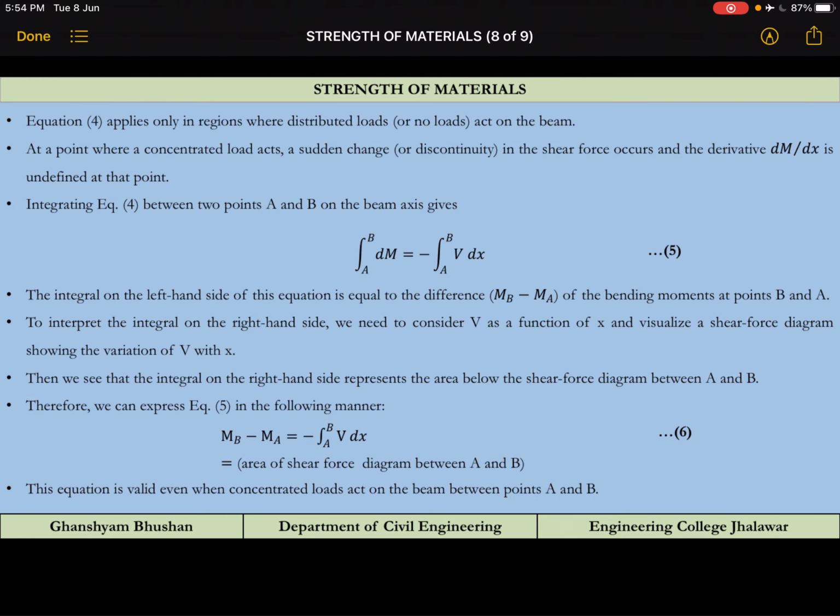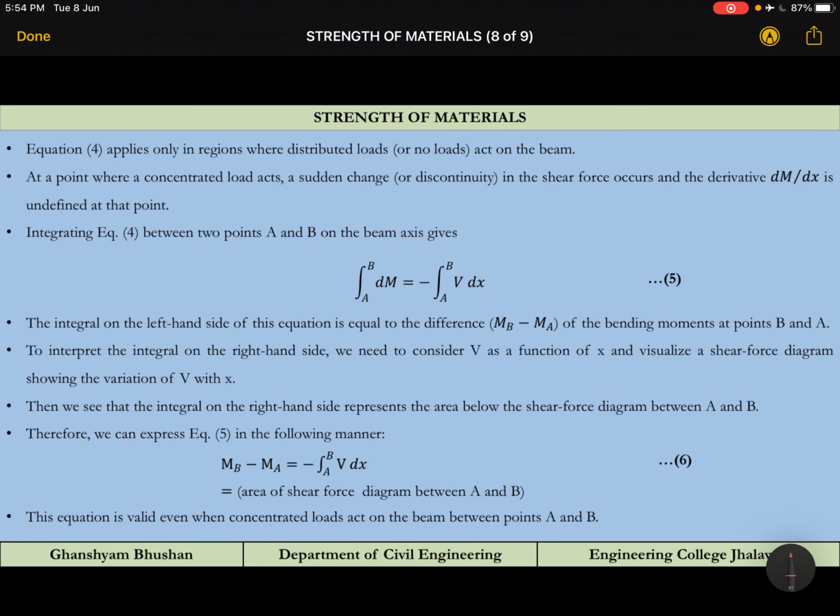In the same way we can say that if we want to take the difference, if we are integrating between these two sections, what will we get? We will get Mb minus Ma is equal to the area of shear force. This is plus, not minus. So Mb minus Ma, the difference of bending moment between two sections, is given by the area of shear force between those two sections.